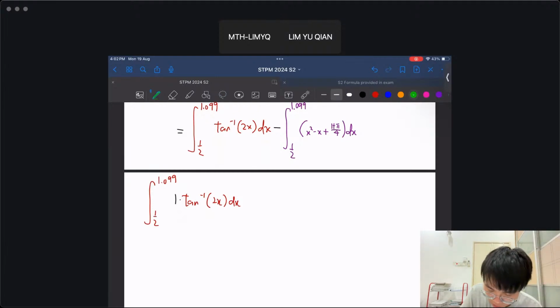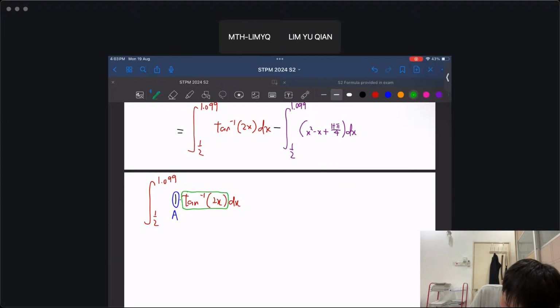Now this one, treat it as algebra, so A. And this one, treat it as arctangent, so inverse trigonometric, so I. Okay, so let's use I LATE. From here to here, 1 by 1, so I comes first before A. So we should choose our I to be u.